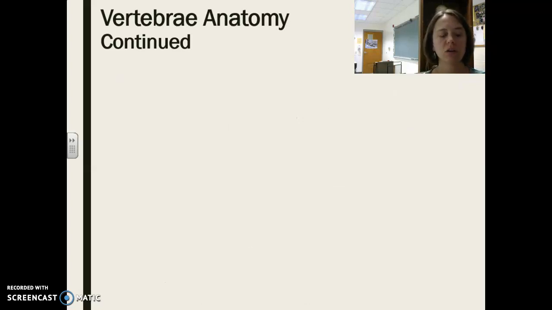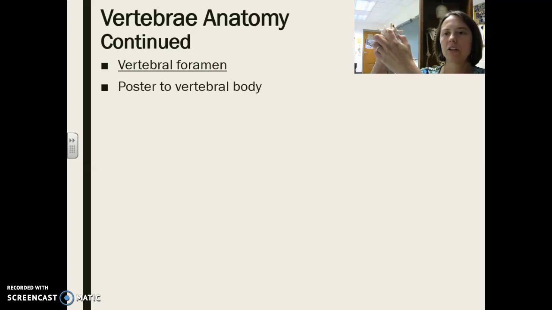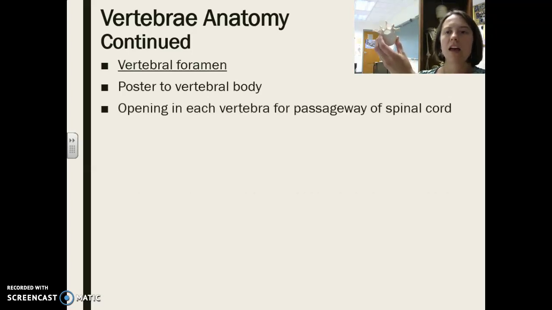So let's look a little more closely at the vertebra. There is the vertebral foramen, which is posterior to the vertebral body. So this is anterior, and then going posterior, there is a hole, the vertebral foramen, an opening in each vertebra for the passage of the spinal cord.